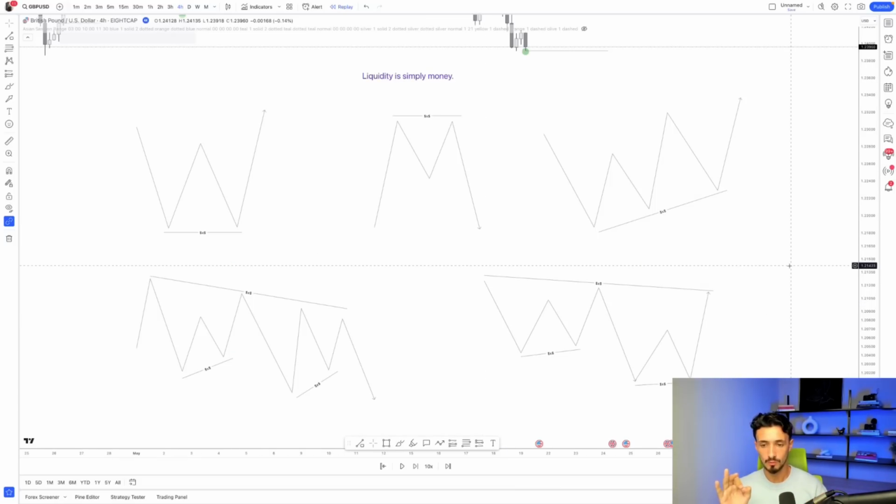Now, don't be fooled by everybody overcomplicating this idea of liquidity. It is stupid simple. Liquidity is just another word for money. So ask yourself, where is the money in the market? The market has one job and one job only: seek liquidity. This market operates as an algorithm.